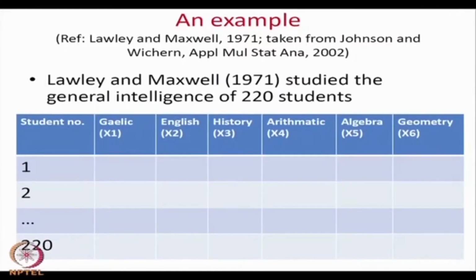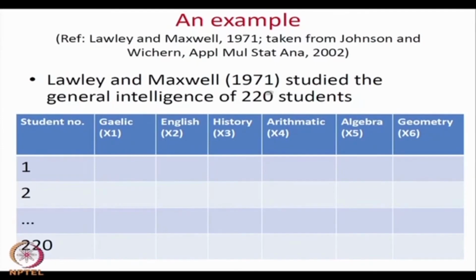This example with respect to factor analysis is a study conducted by Lawley and Maxwell in 1971. The purpose is to measure general intelligence.